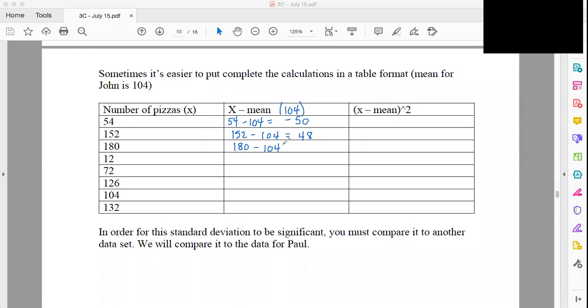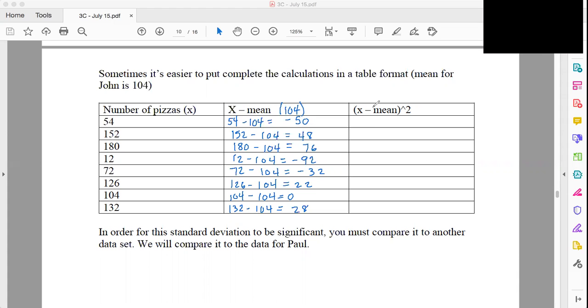And you continue doing that in the table.